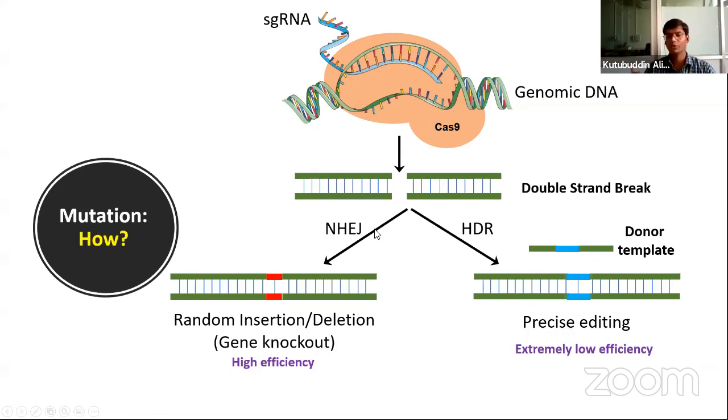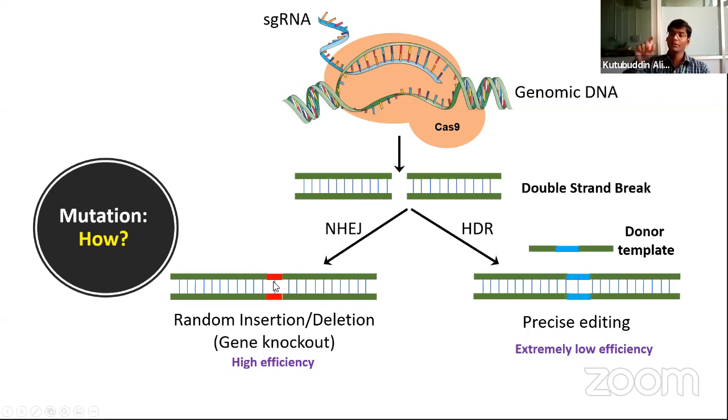Out of 100 times, almost 90 times the cell repairs the double strand break with the NHEJ pathway. But remember, this NHEJ pathway is a little bit error prone. When the cell repairs the break and seals the ends, it can insert a wrong nucleotide, a wrong base, or delete some original bases. Because of this random insertion and deletion, the gene sequence becomes disrupted. The red here highlights the random insertion or deletion.